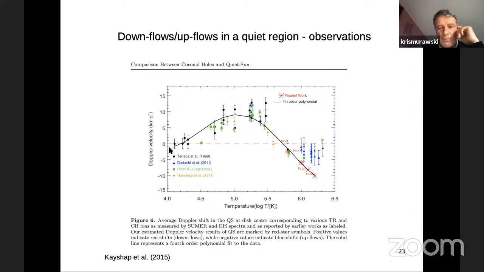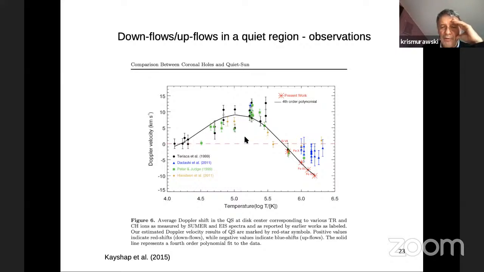Doppler velocity versus the logarithm of temperature. So higher temperature means we are in the region of the corona. Here we have colder temperature, so that's a lower region, perhaps the top of the chromosphere. And we see the Doppler shift is higher, so we have a blue shift over here.